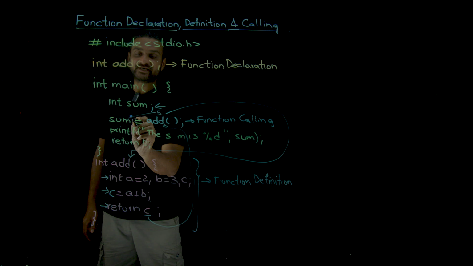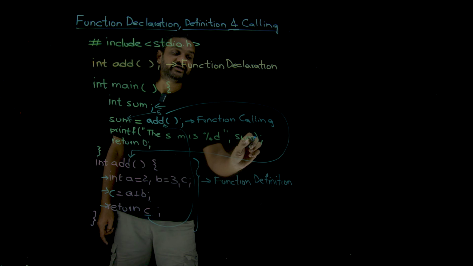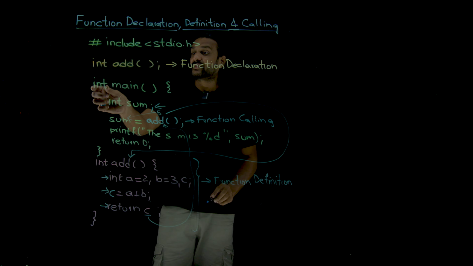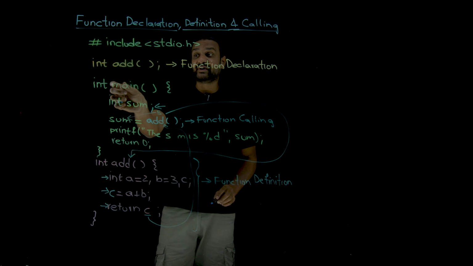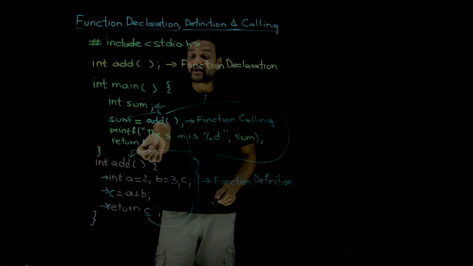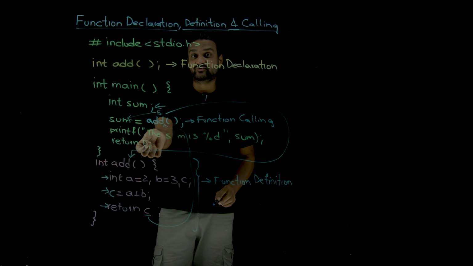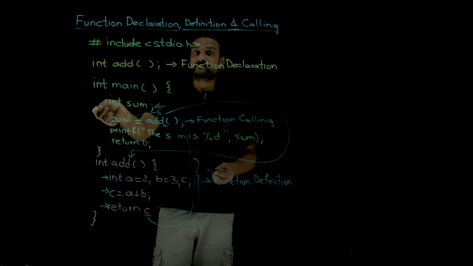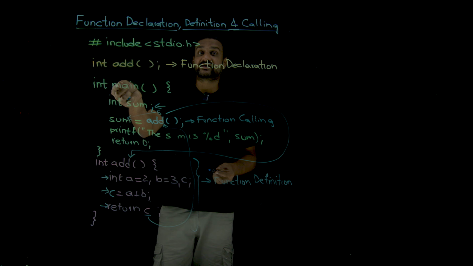Now this value will be assigned to sum, and after that this line will get executed, and then return 0 will get executed. As the data type of this main function is int, we are returning an integer value. As we need to return an integer value, I have given this 0 so that there are no syntactical mistakes.